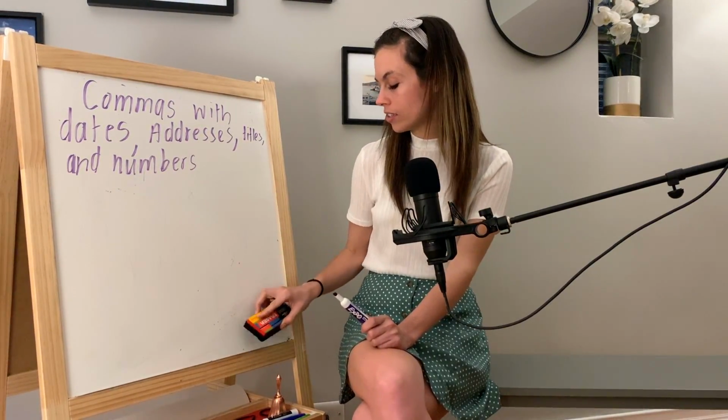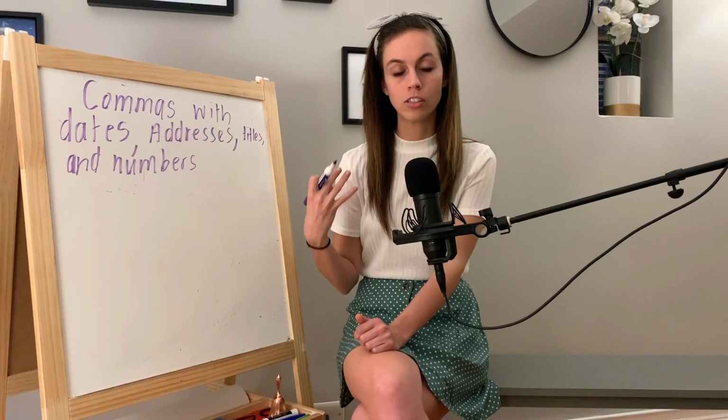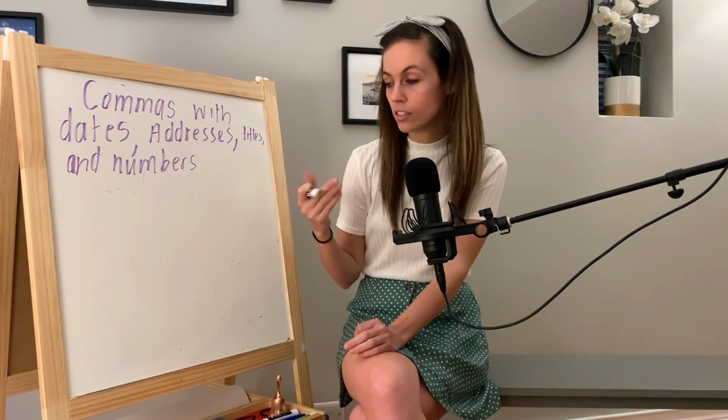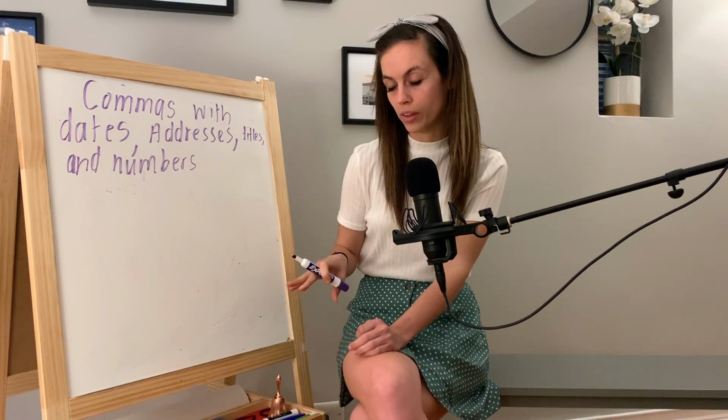The next way to use this is titles. So maybe if someone is a doctor or they have their PhD, things like that, you can use their name and then the title to show that.